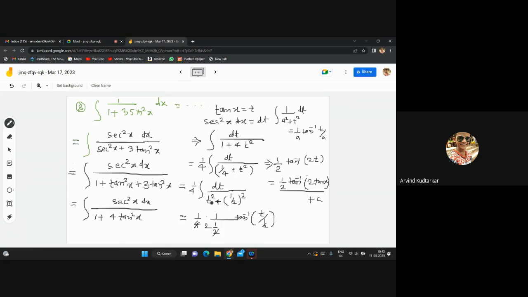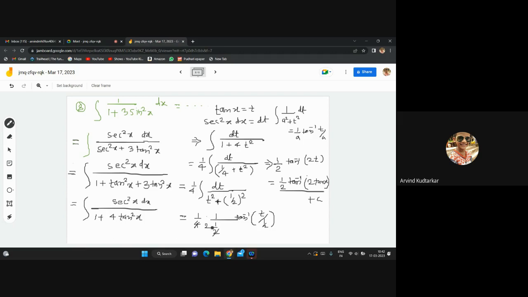So dt upon t square plus 1 by 2 whole square. The integral will be 1 by 4, a constant, keep as it is, into 1 by 2a, where a is 1 by 2. So 2a means 2 into 1 by 2.